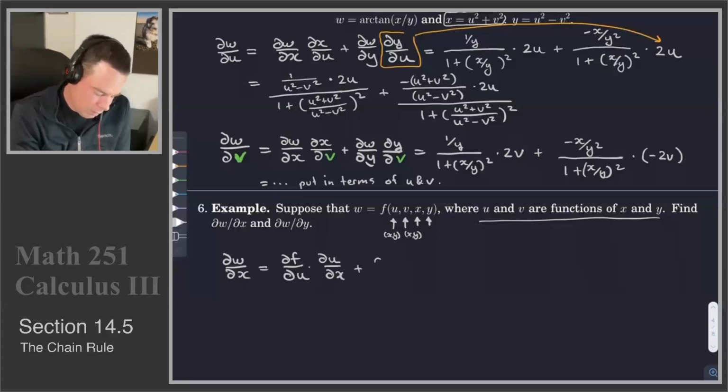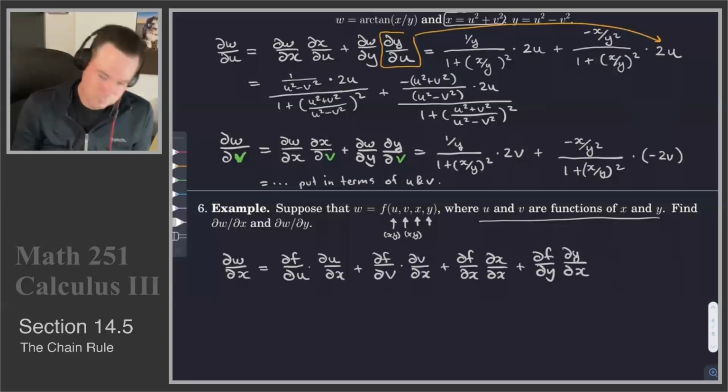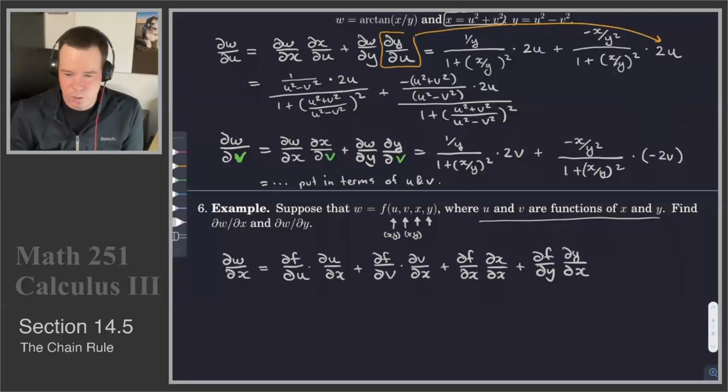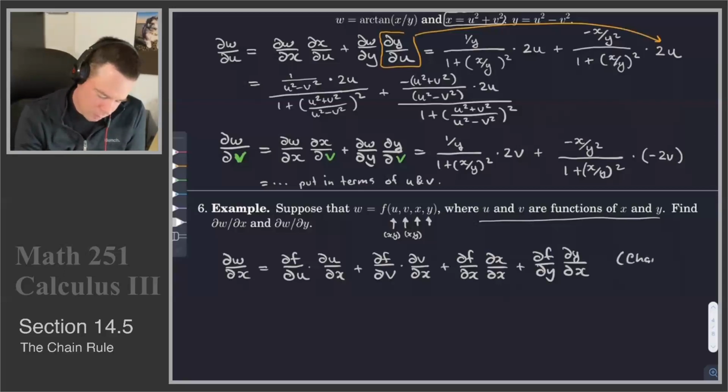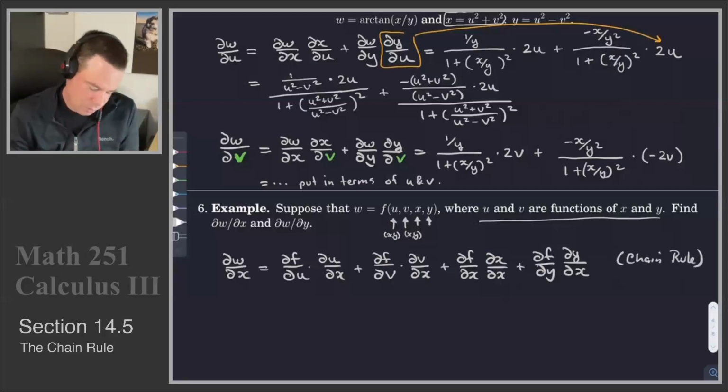Then we add to that df dv, because that's the next variable, times dv dx, plus df dx times dx dx, plus df dy times dy dx. We've just read across that expression for w. f is in terms of u, v, x's, and y's, and for each of those variables we had a term in our chain rule. Again, this is the chain rule that's giving us this derivative.